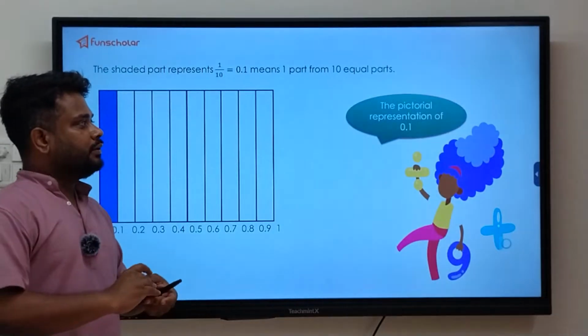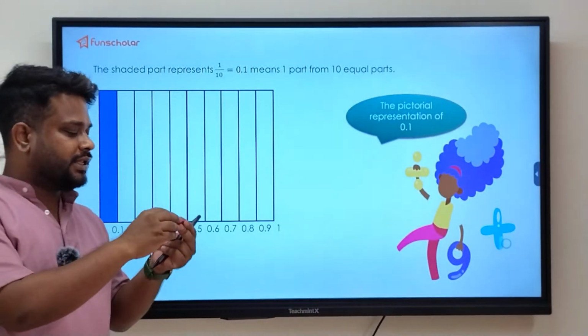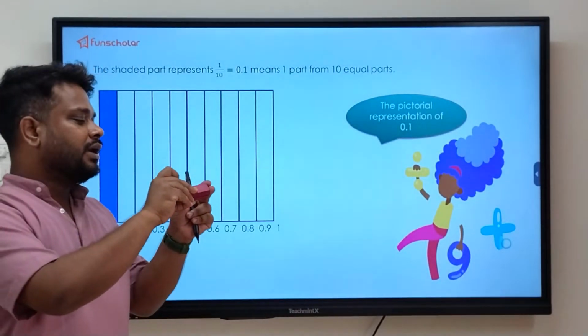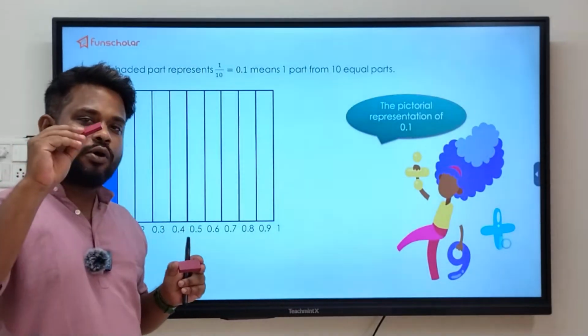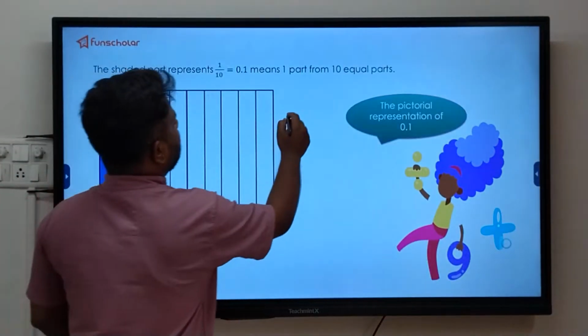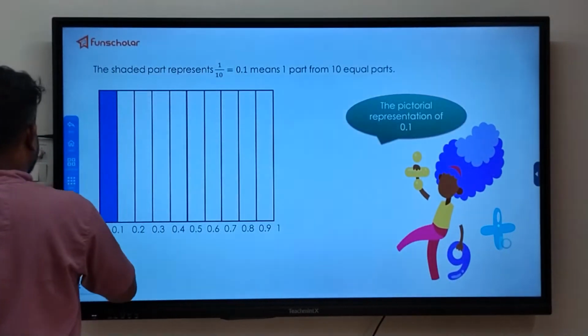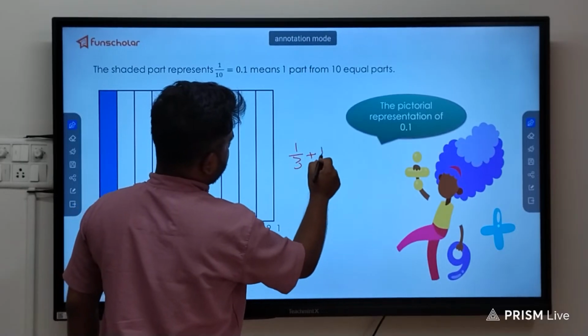I'm just taking 3 blocks. Okay, so just like in fractions, if these 3 blocks complete to make one block, then each block will represent 1 by 3.